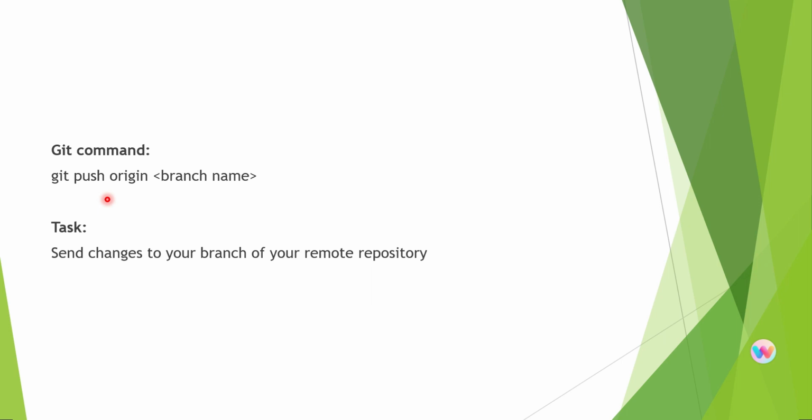The git push origin command sends the changes from the local repository to the remote repository. Here we give the branch name to which these changes have to be pushed.